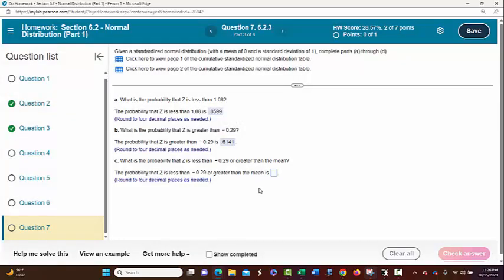Now these are less than -0.29 or greater than the mean. That's when it's "or" like that, two separate regions. I believe right at the end of my notes, I have an example where it's two separate. It's like adding a left piece plus a right piece. Now, the left piece is a less than.